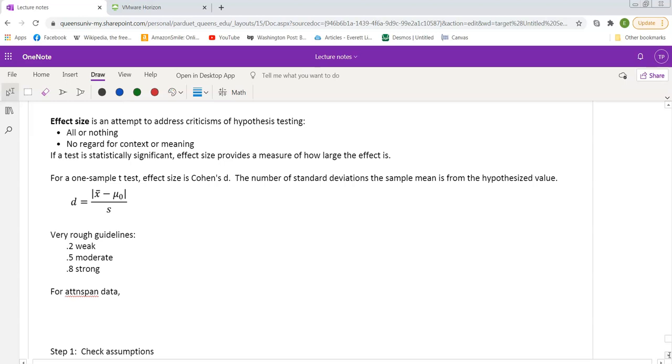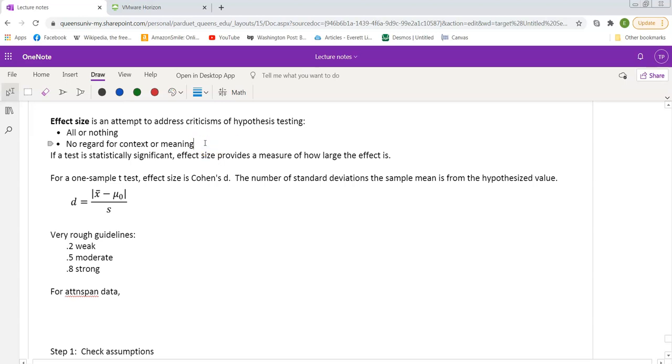Can I conclude this or can I not? There's no subtlety. There's also no further information. And I guess that's getting into the second part here, which is it doesn't really talk about how big the difference is if there's a difference. It just says, can I conclude there's a difference or not?